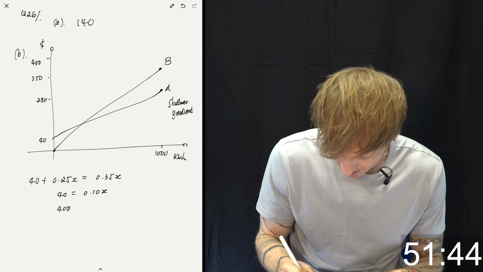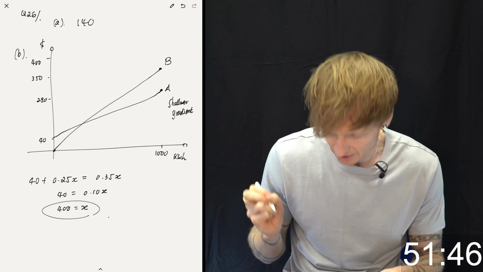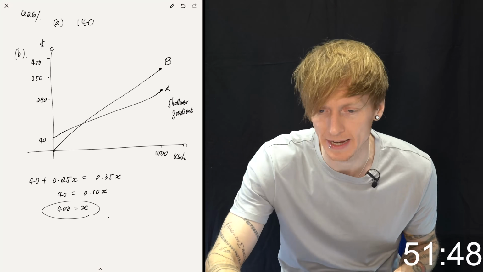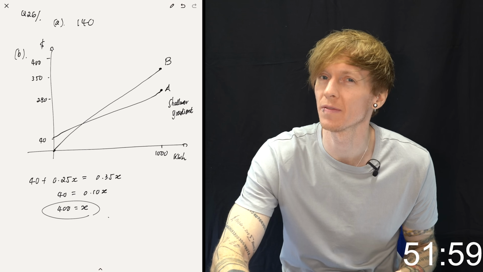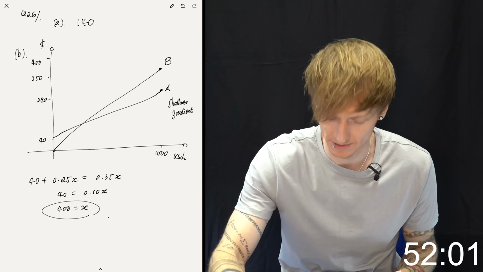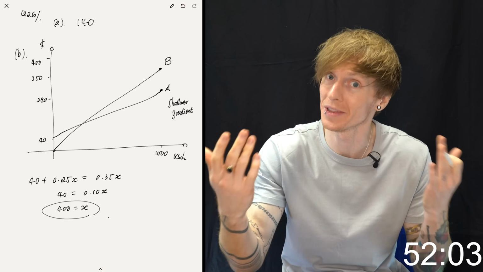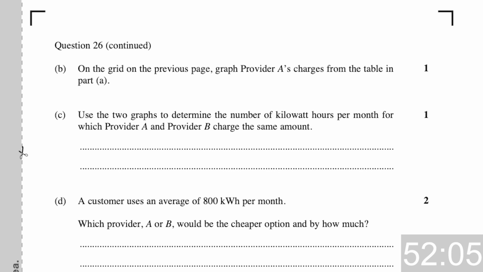So 400 is x. So 400 kilowatt hours is the answer. Do I agree with that? Oh, wait. That was $140. And then 400 times 0.35 would be the same. Yes, I agree with that. Cool. So it's the one they made me work out. Nice. That was C. It's quite a long one.